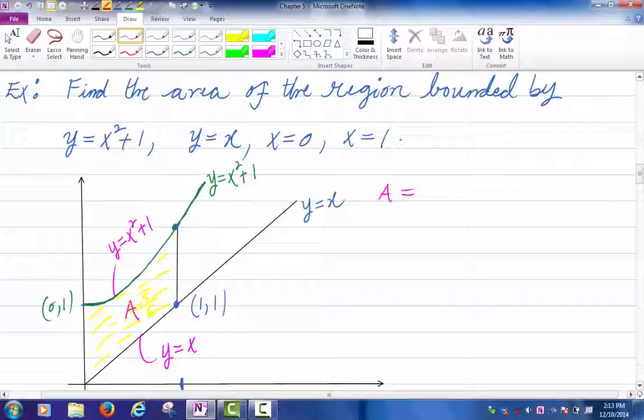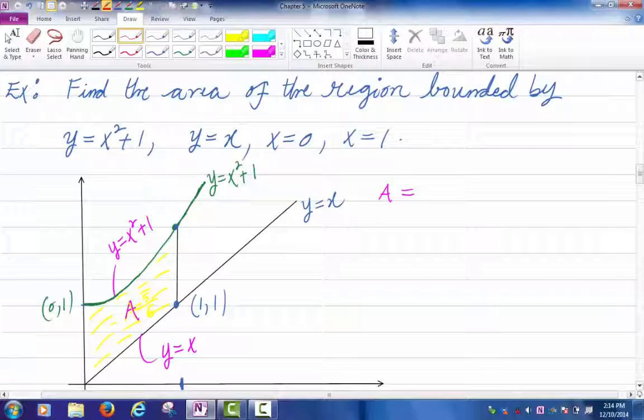X equals 0, which is the y-axis. Y equals x, straight line, the black straight line. Y equals x squared plus 1. That's the parabola. Where is the vertex? Without the 1, the vertex is at 0. With the 1, shift upward. Vertex is at 1, right?